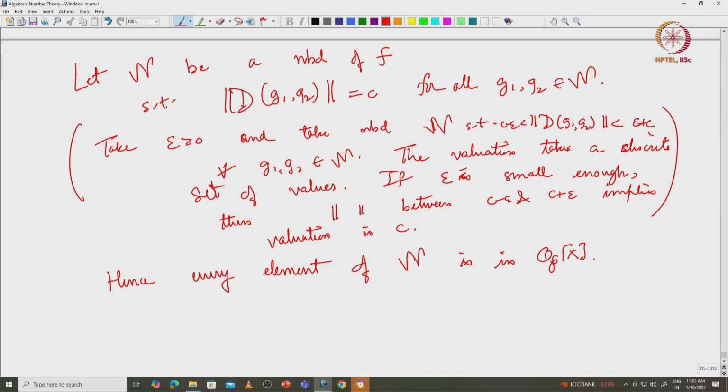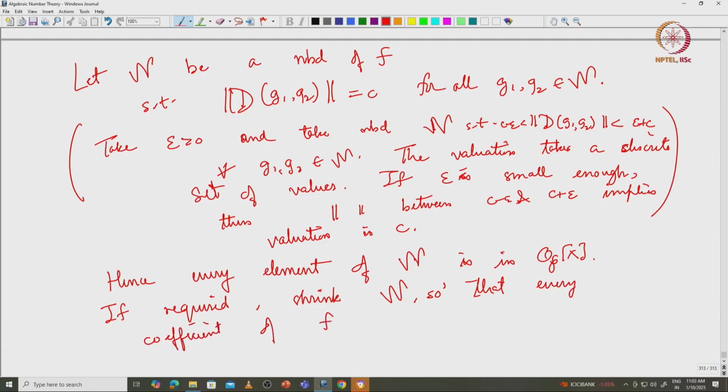Now, we need a further condition on g in N. So, if required, shrink N so that every coefficient of f minus g has valuation strictly less than c squared.